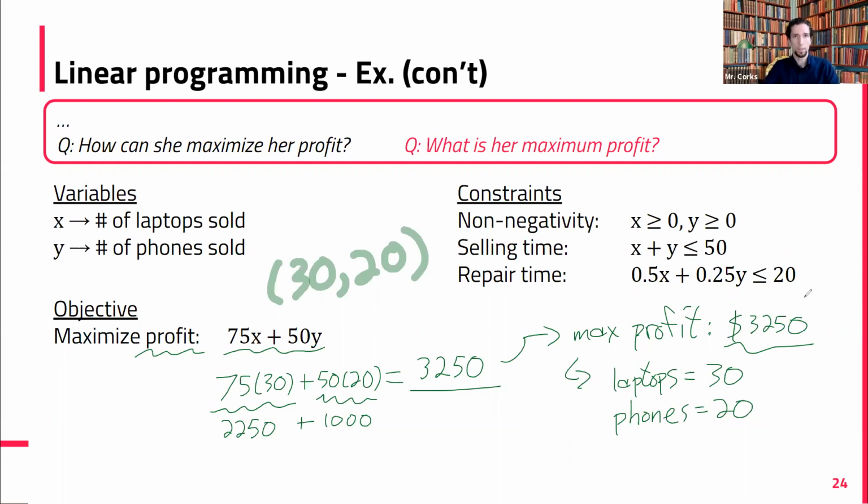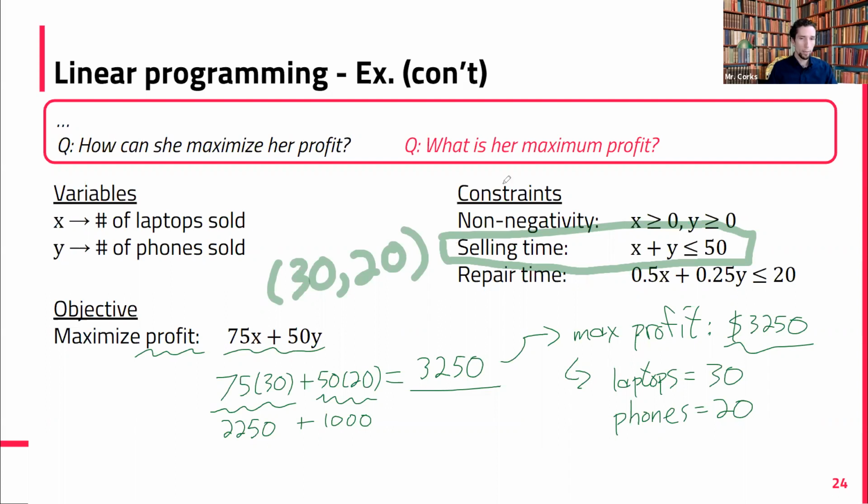This is kind of the final answer for a linear programming question like this. This is the best solution, taking into account the fact that she spends 30 minutes on repairing a laptop and 15 minutes on repairing a phone. If selling time were the only constraint, we'd want to do all laptops.